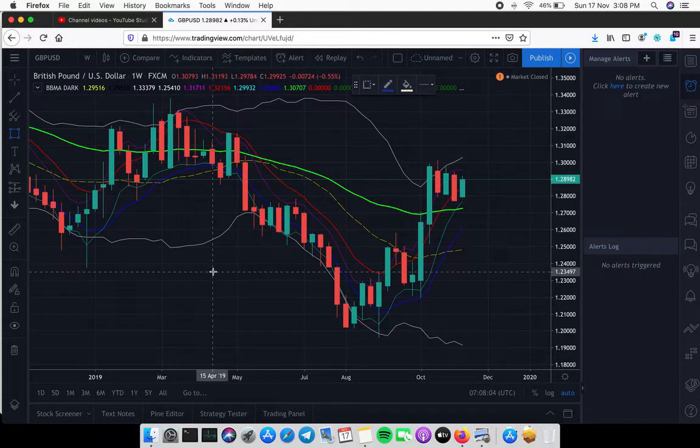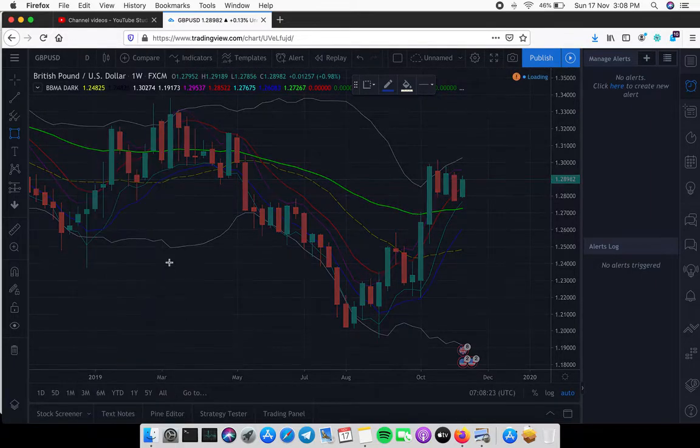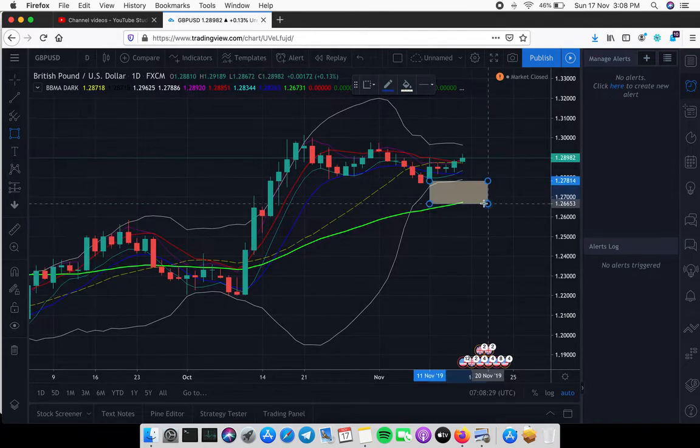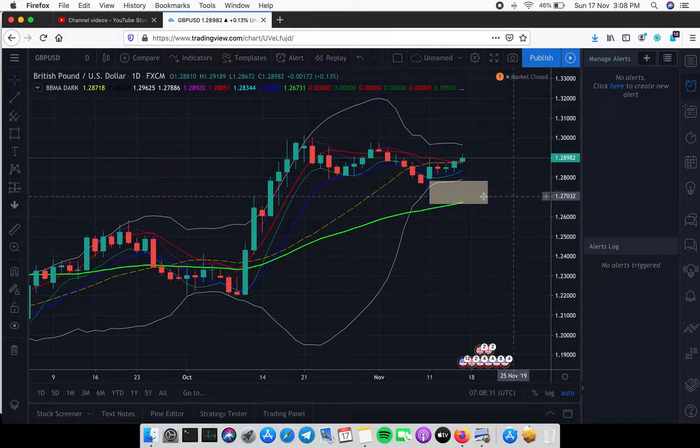For GBP USD, we can see last week was going up, and actually it had made a momentum buy. So last week it was a re-entry buy, but we need to do multi time frame. So on daily we can see an MHV buy.